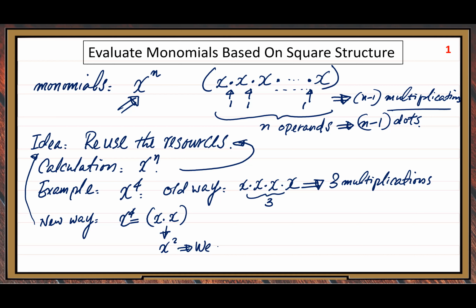After the first round of calculation, we already have this value. After we get x squared, we already paid for it. It's not free. When you do the calculation x times x, you need to pay something, although you may feel it's very cheap.